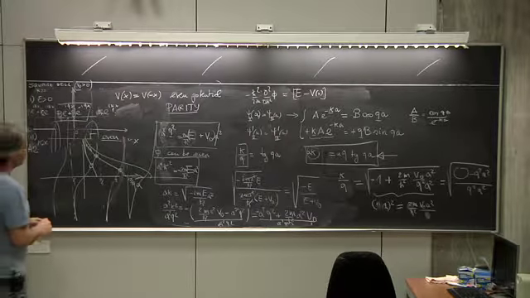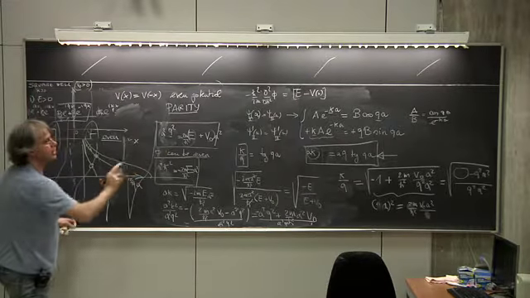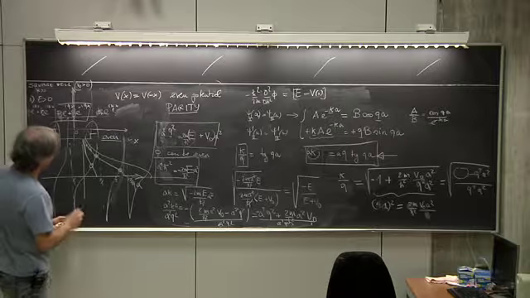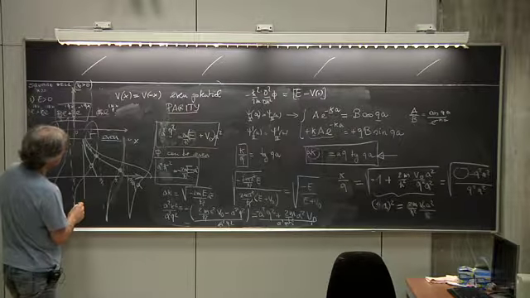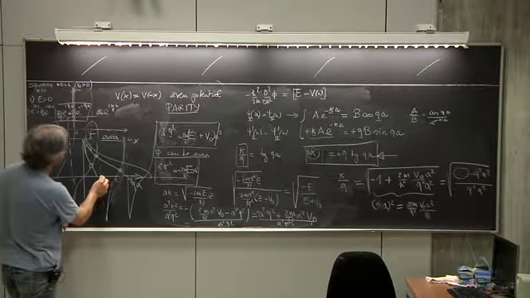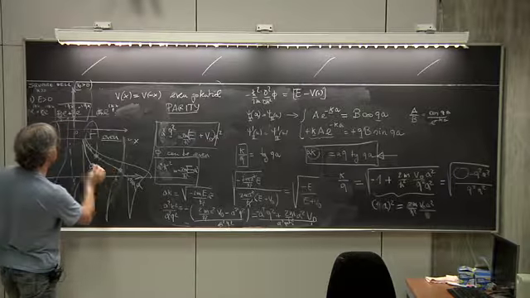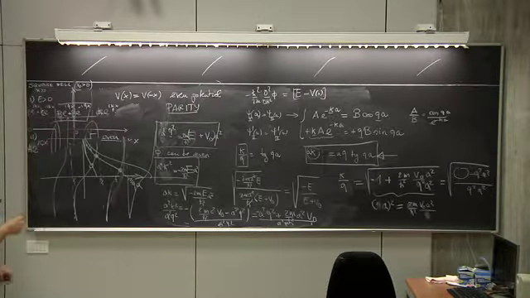And you can also do the calculations. They're very simple, and see that, suppose that V0 is very, very large. Let's see if we can do the calculation for V0 very, very large.